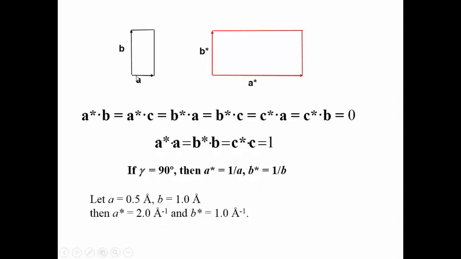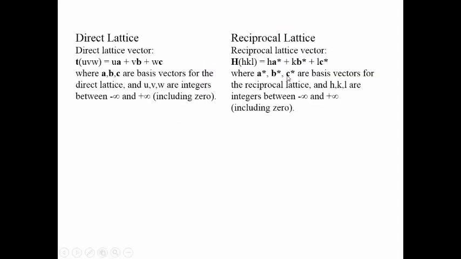So we can see if A is a half, A star is twice that, it's 2, and if B is 1, then B star is also 1. So notice how a short A and a long B go to a short B and a long A in the reciprocal world.